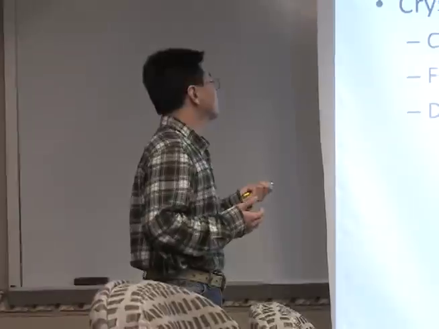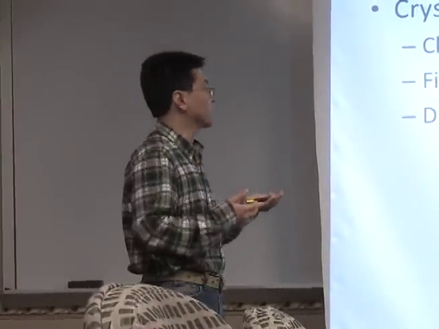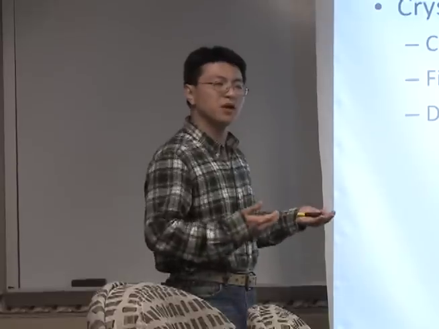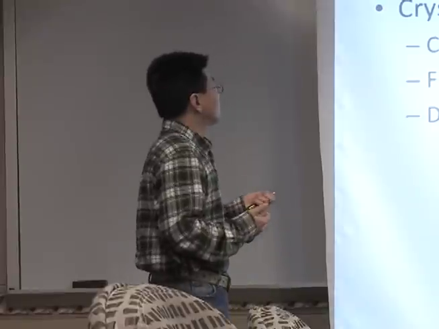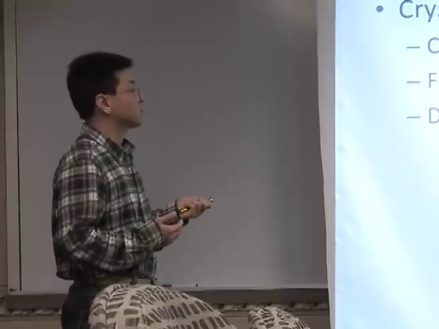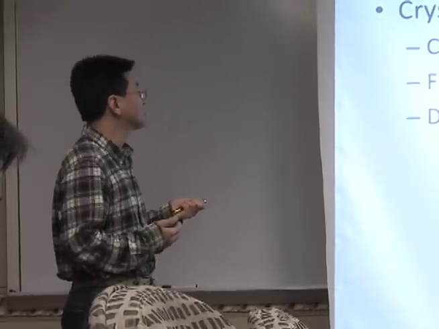The first, of course, is through chemical experiments, but it's very expensive. It takes a lot of time and human labor to conduct chemical experiments, and still you need to understand the experimental data later. The second approach from material science is energy minimization, which I call first principle calculations.